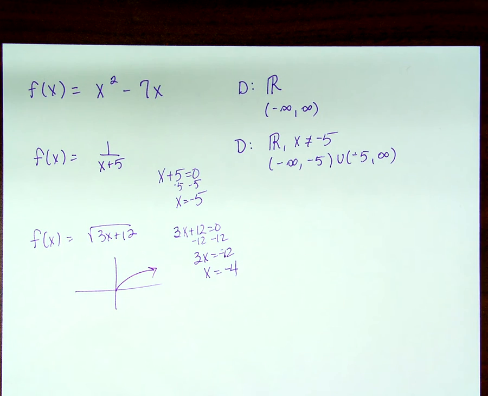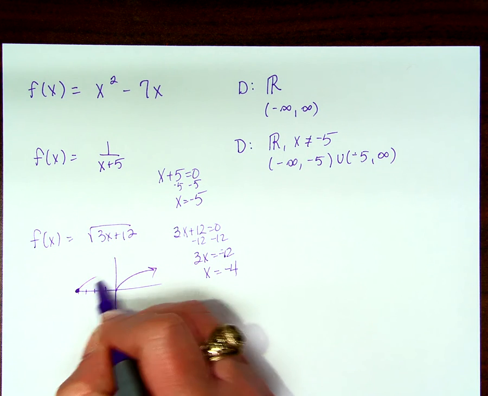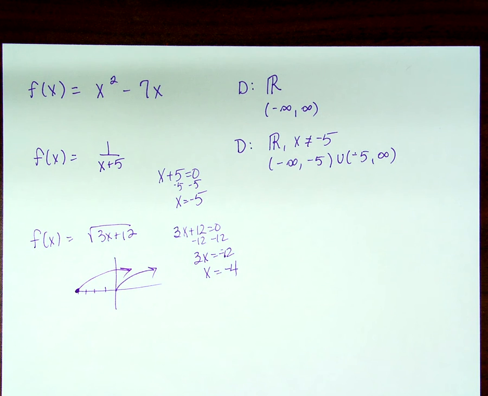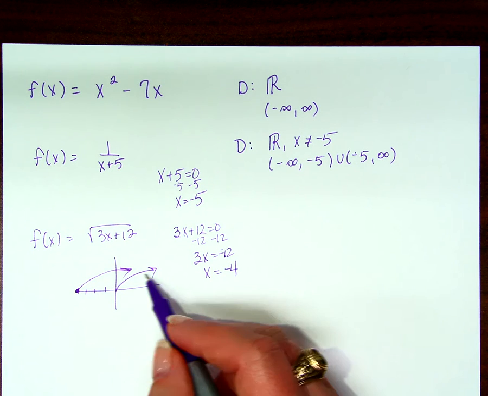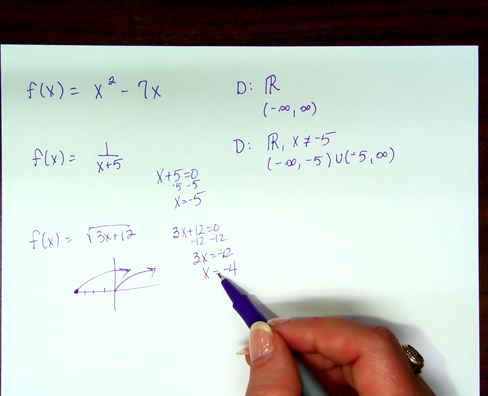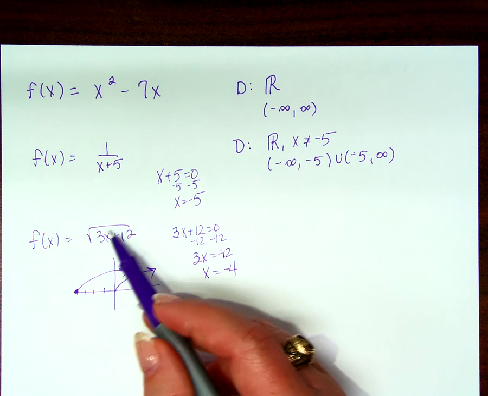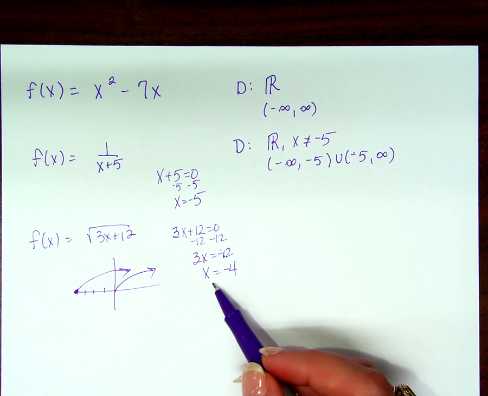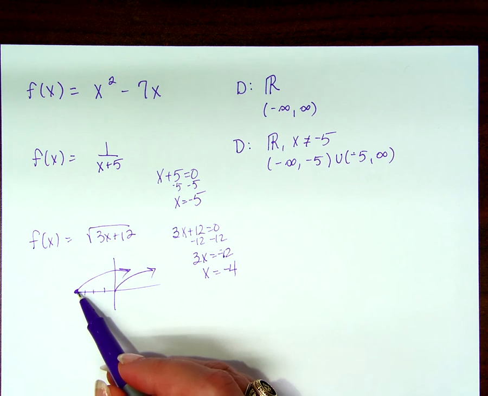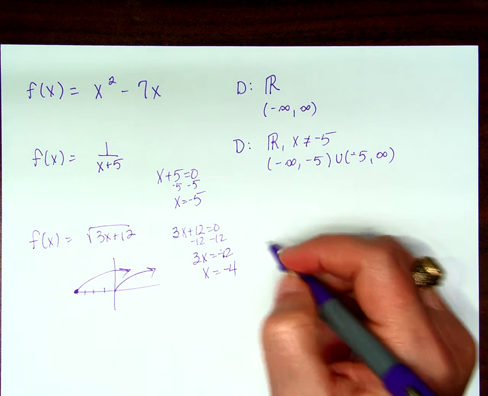Like that, right? So this tells me I go 1, 2, 3, 4, like that. It's not exactly true, just for the record. This is actually a really bad graph. Okay? Well, no, that's not true. This is a good graph. This is a horizontal shift. It's moved to the left 4. So what I have to figure out is how I'm going to write my domain.